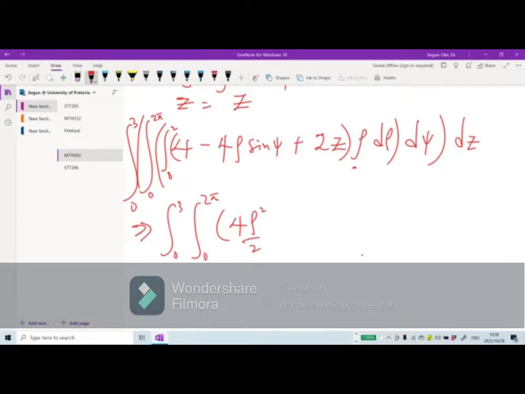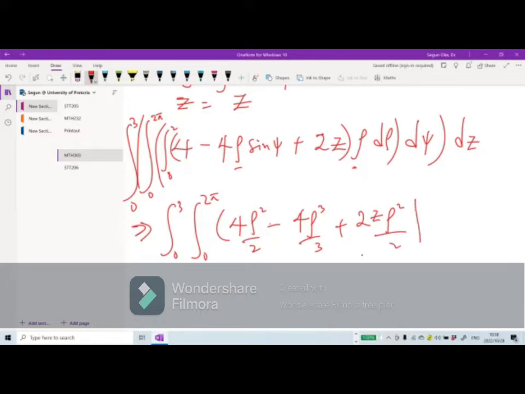So 4 rho over 2 minus, so how do we integrate this one? I'm going to have minus 4 rho cubed over 3, because when you open the bracket, this one has already turned to 2, plus 2z rho squared over 2.